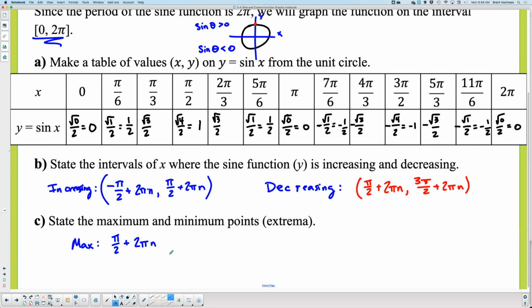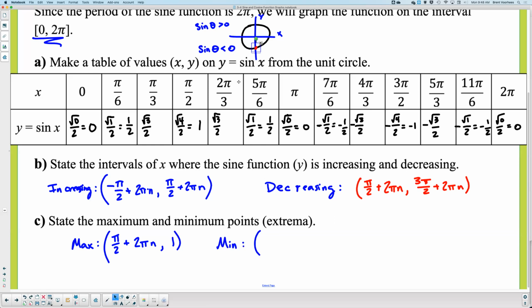And where would its minimum be? 3 pi over 2. Actually, let me put it as a coordinate point, so that's the x value, and the y value would be comma 1. Okay, the minimum. Okay, 0 is not its minimum right there. That would be a 0, but not a minimum. What's this lowest point right down there?